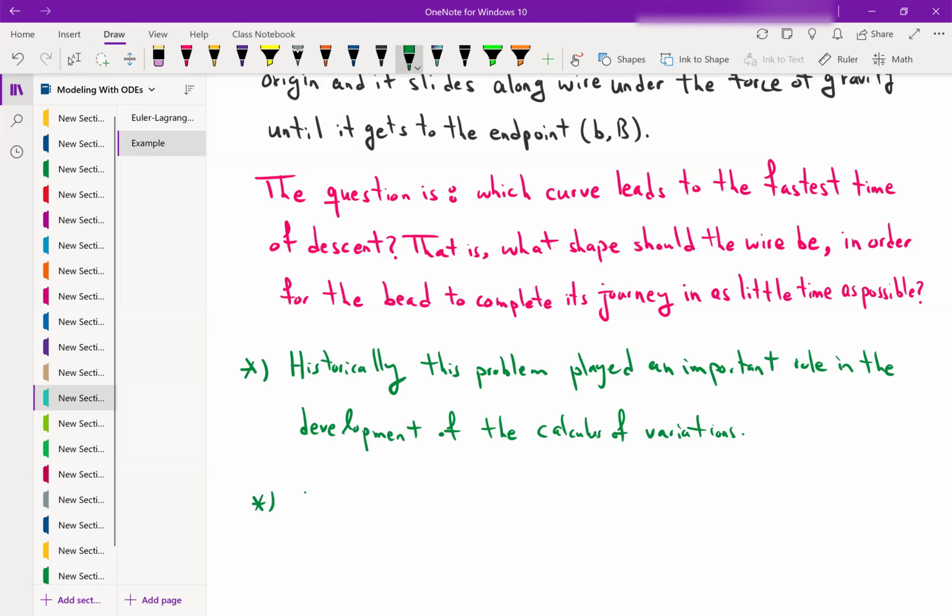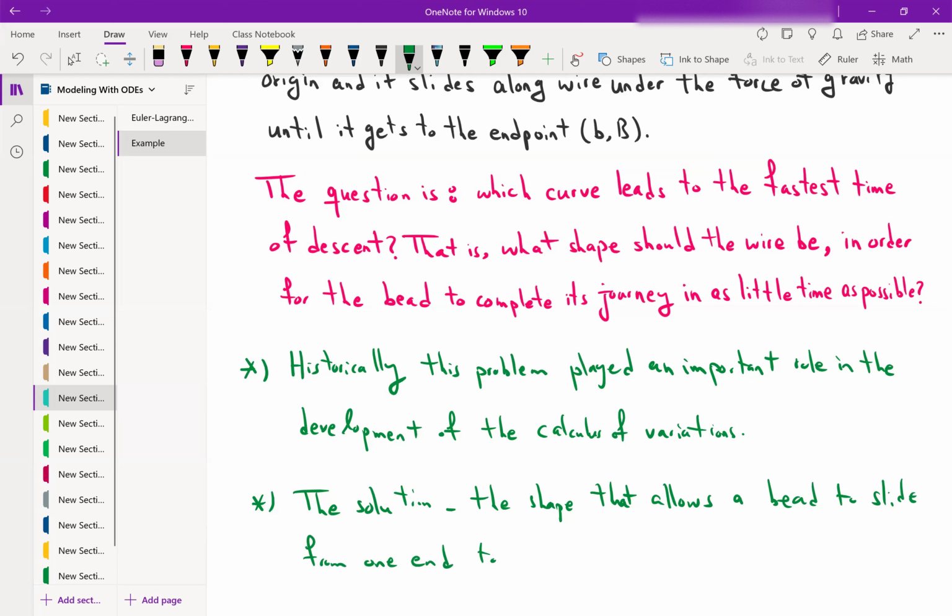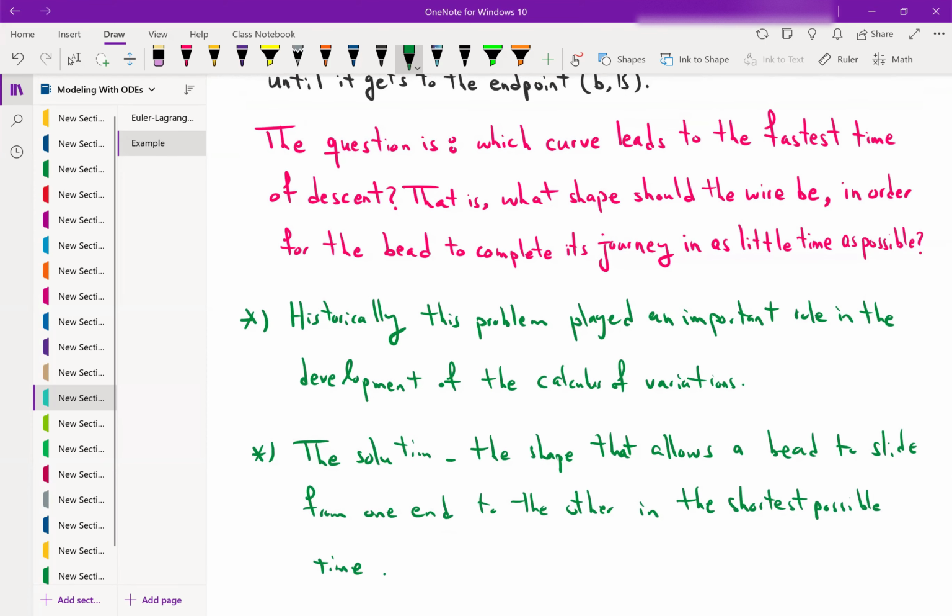The solution, by that I mean the shape that allows a bead to slide from one end to the other in the shortest possible time, is not a straight line, is an arc of something which is called the cycloid.